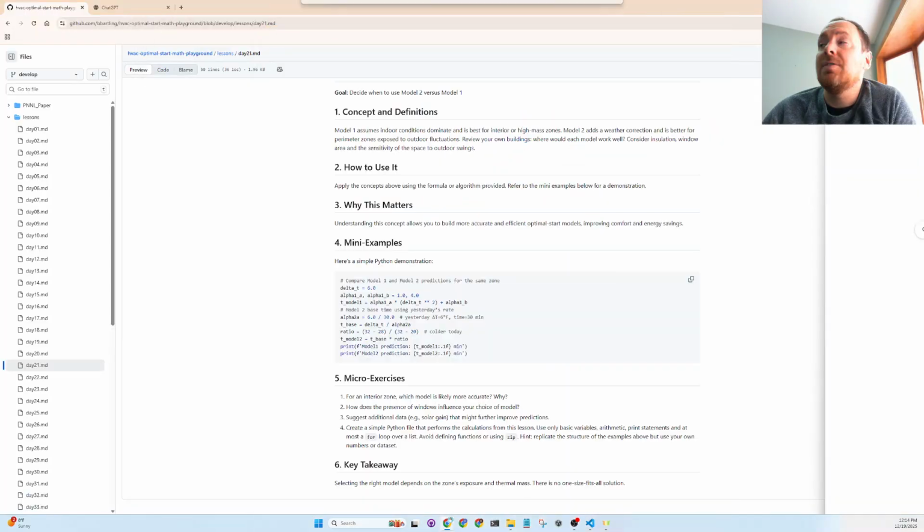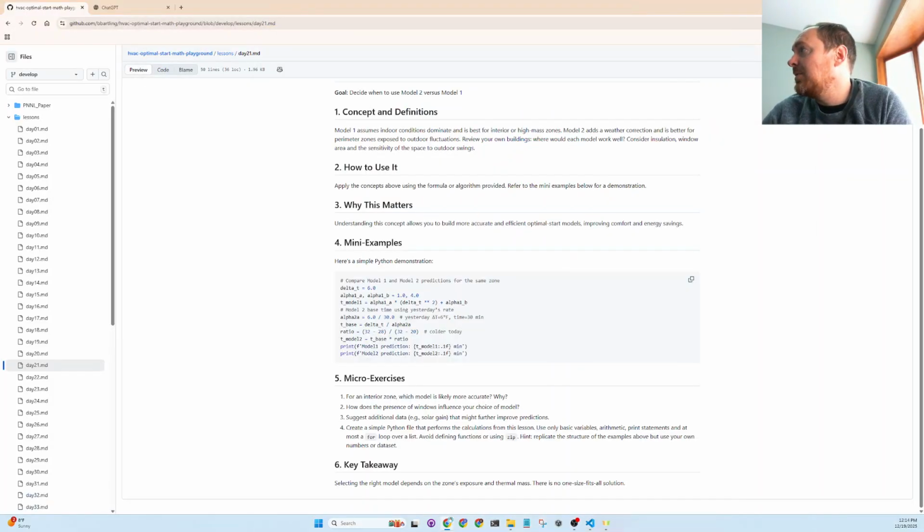This makes me just kind of interested in checking something real quick. I know Model 1 talks quite a bit about being best for interior zones with a high amount of thermal mass.